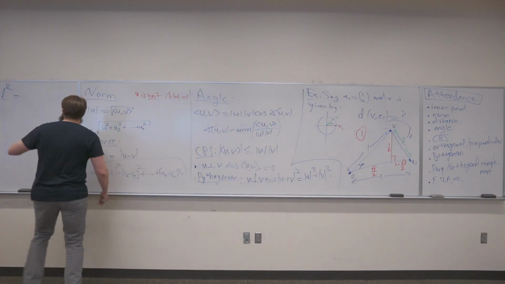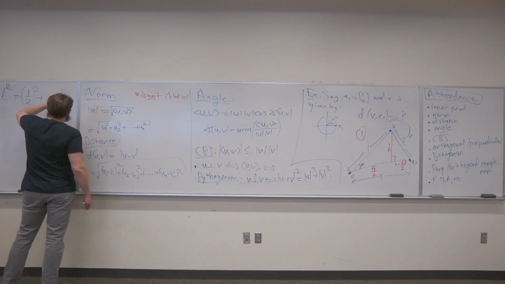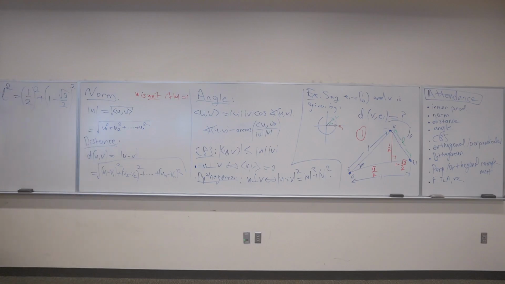So all I need to do is add these up. (1/2) squared plus (1 minus root 3 over 2) squared. Okay, expand everything. This is 1/4 plus 1 minus root 3 plus 3/4. These two give me another 1, so that's a 2. So I have 2 minus root 3. But I was computing L squared. To get L itself, I need to take the square root again. So L is the square root of 2 minus root 3.